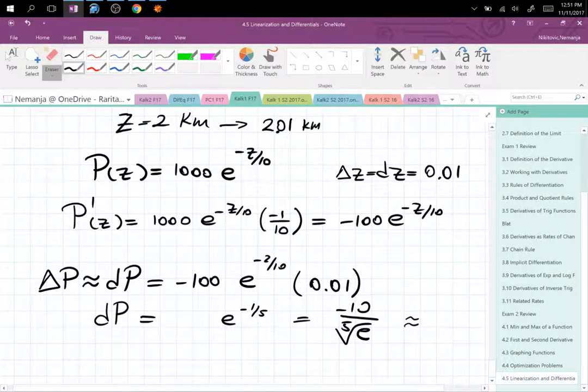So there's negative e. Alright, good. So negative e raised to the negative 0.2, which is negative 0.8187.